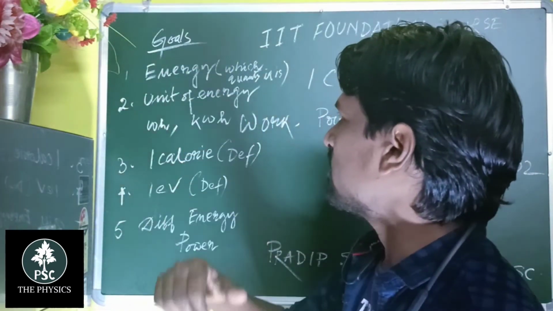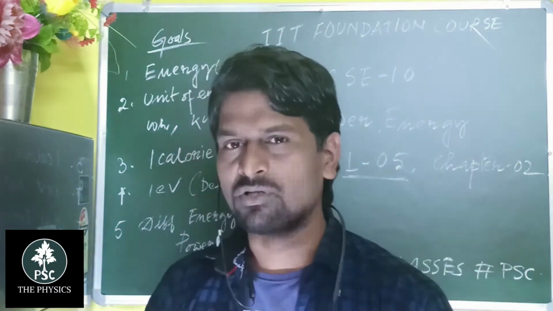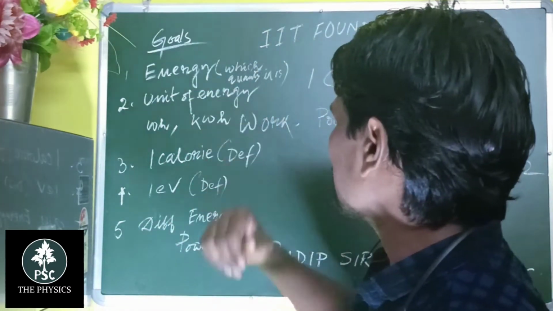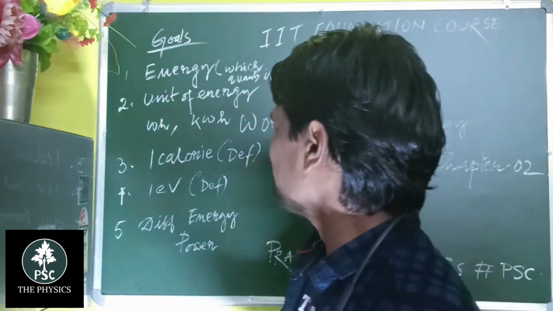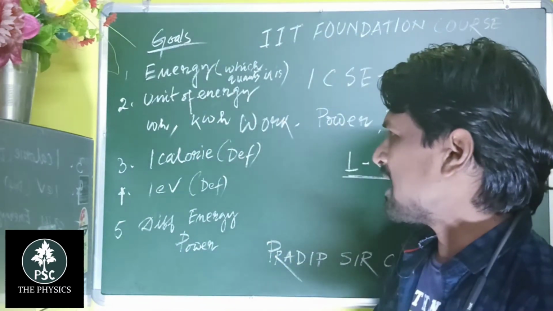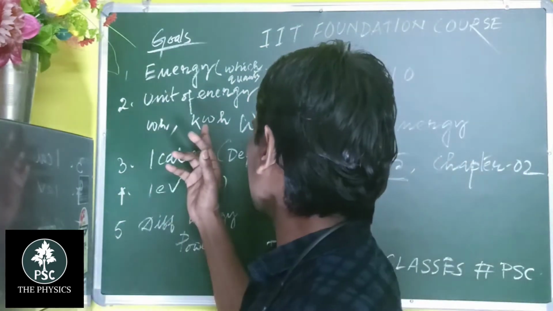So next, what are our goals and what will you be able to understand in this particular class. First of all, students, this is energy. What is energy? The next one is the unit of energy, and obviously this is watt hour and kilowatt hour.